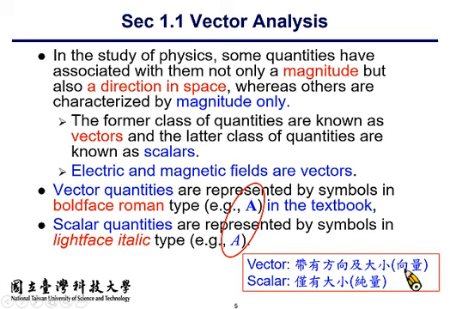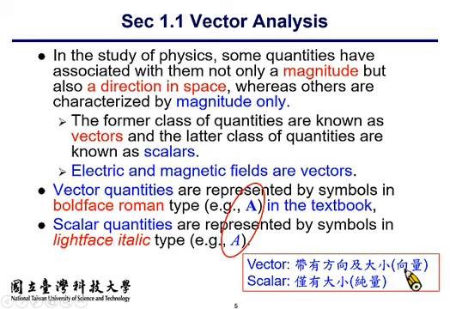So in the study of physics, some quantities are associated with length, not only a magnitude. Of course, you have already learned physics, and many times we will bump into parameters that are associated not only with magnitude, but also with direction.